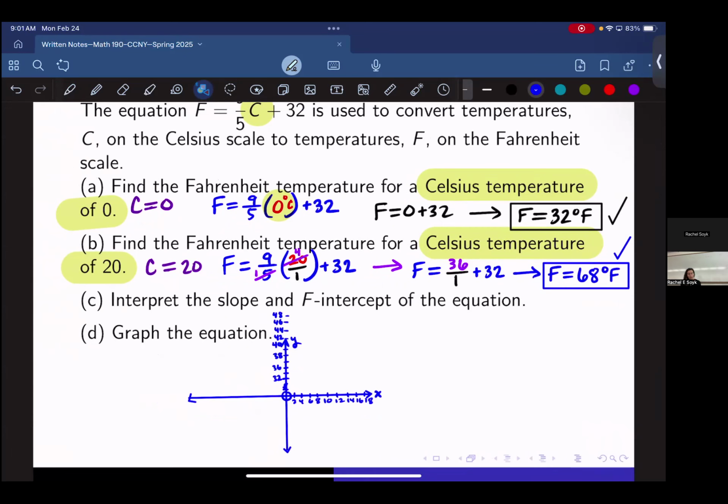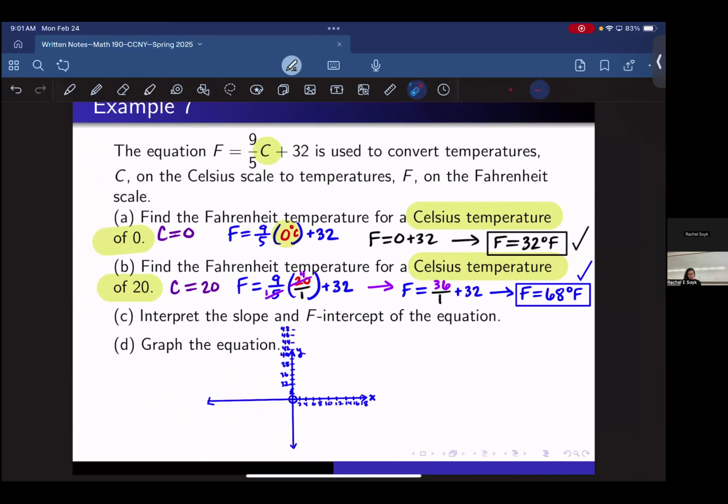Part C asks us to interpret the slope and the f-intercept of the equation. The f-intercept is essentially, right, our y-intercept. So what's our slope here? It's our m value. It's really m times C in this case, plus b, and I'll write y equals mx plus b all the way at the top.